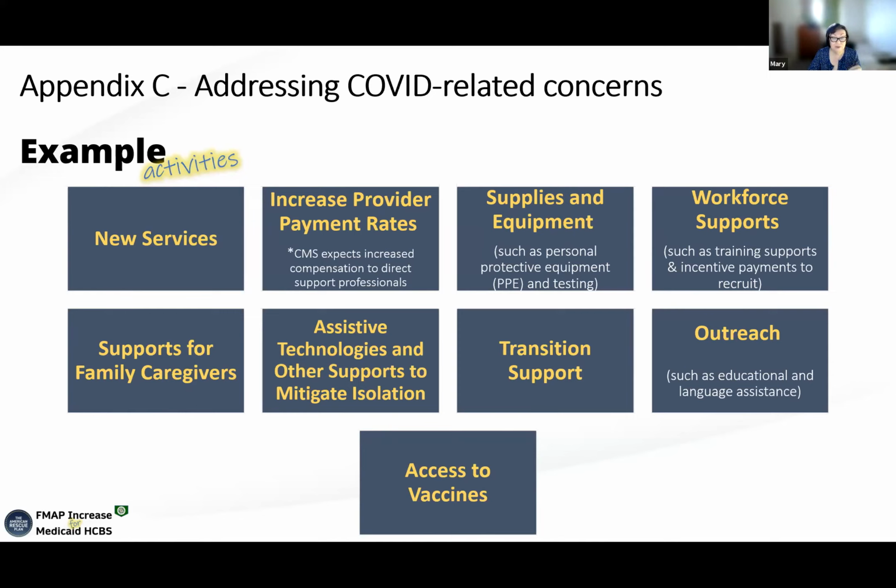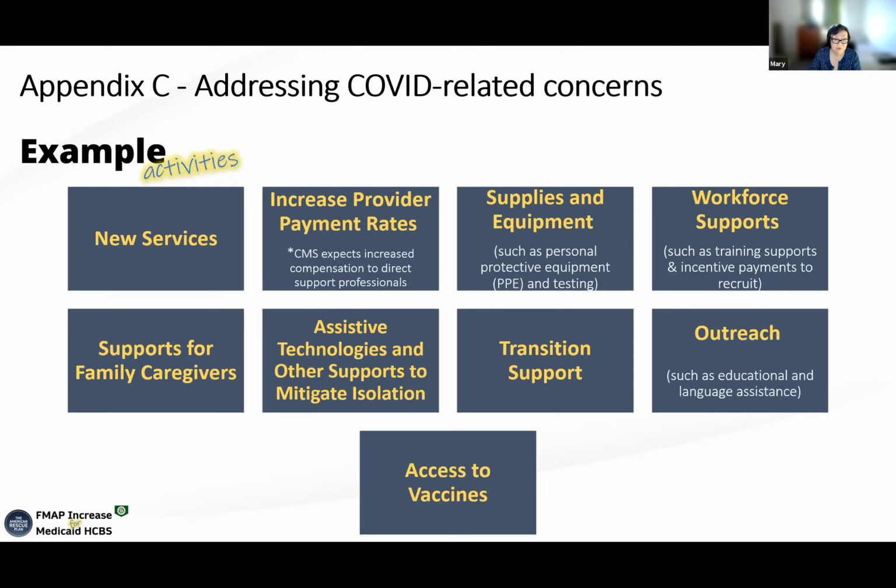For example, during the COVID period, if a state wanted to provide new or additional services during the public health emergency, they could choose this option. I'm going to go across the different boxes from left to right.